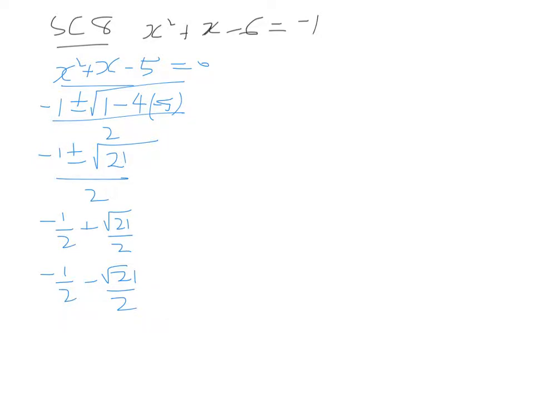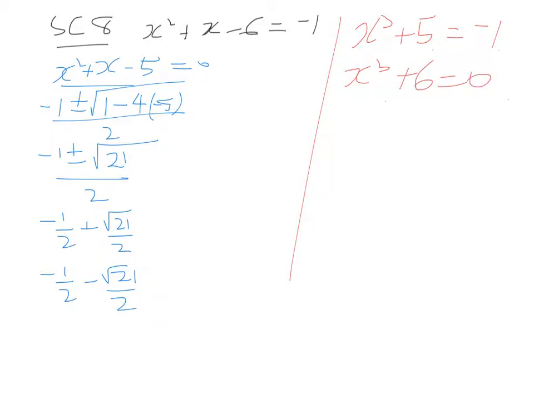So if it was a cubic, so we had x cubed plus 5 equals -1, well, then we do the same thing. We bring that over to the other side, so we get x cubed plus 6 equals 0, and then solve for x.